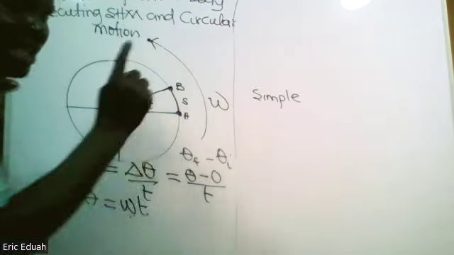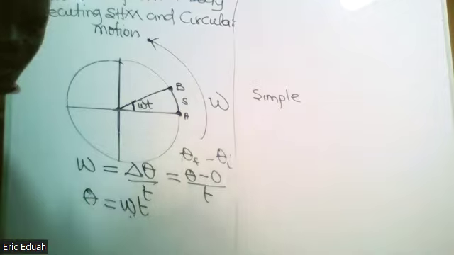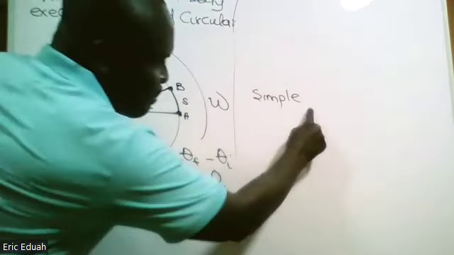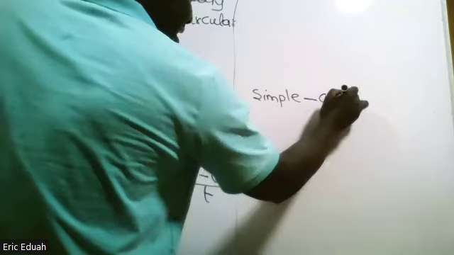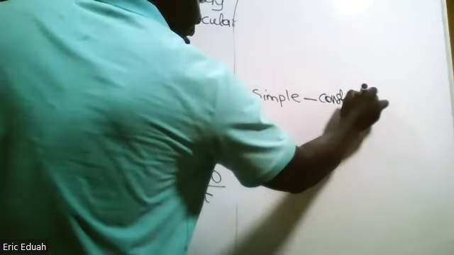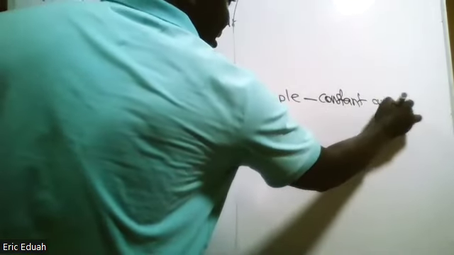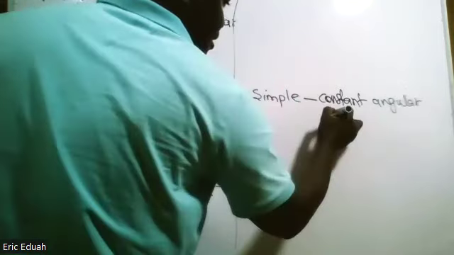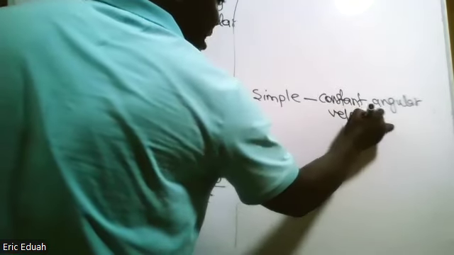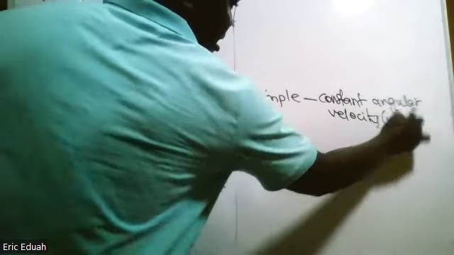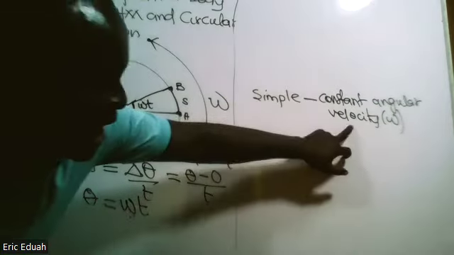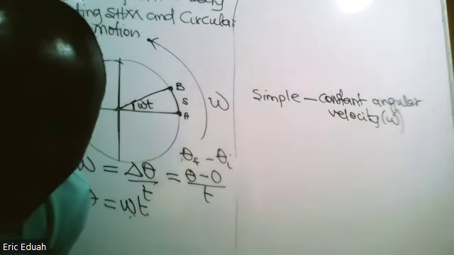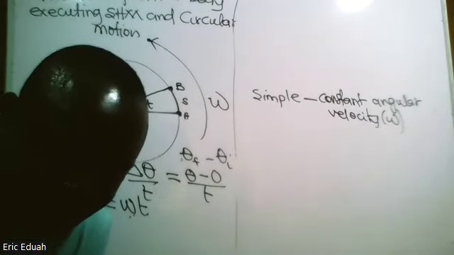So that constant is what has been captioned as simple. So constant angular velocity or speed, omega. So a body executing SHM does so with this constant angular velocity omega. All right.